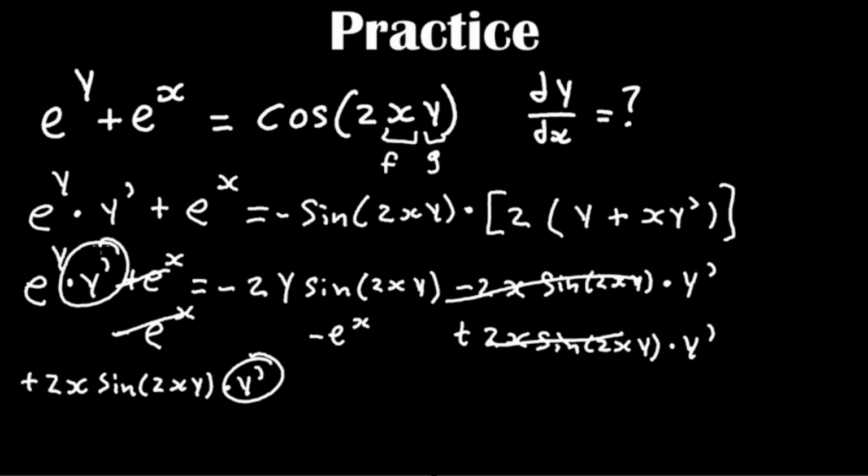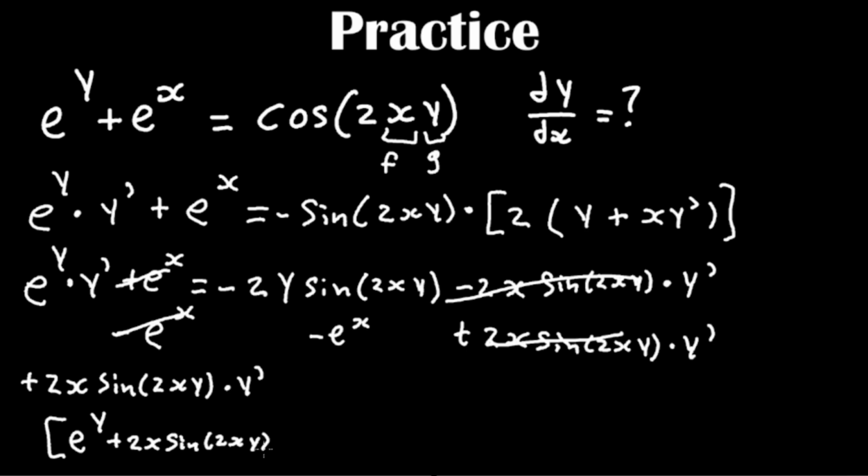Alright, so now let's collect all of our terms with the y primes in them. So these guys both have a y prime. If we factor out the rest, we get e to the y plus 2x sine of 2xy, all times y prime, is equal to negative 2y sine of 2xy minus e to the x.